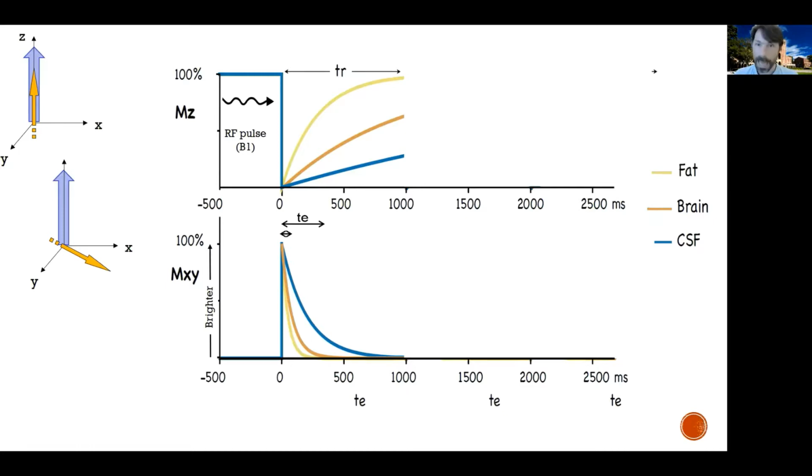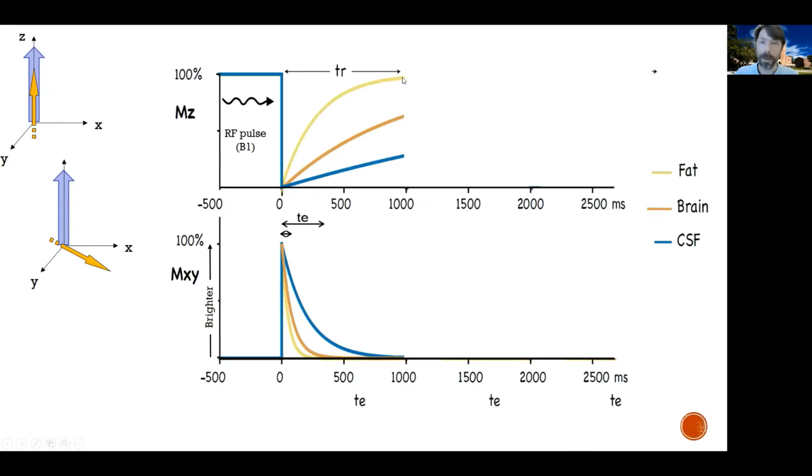Okay? And as I had said in a different segment, different tissues, just like for TE, tend to have different T1 values, which means the time it takes for them to realign with B0 is different. For example, in this graph, you can see that fat realigns very quickly.